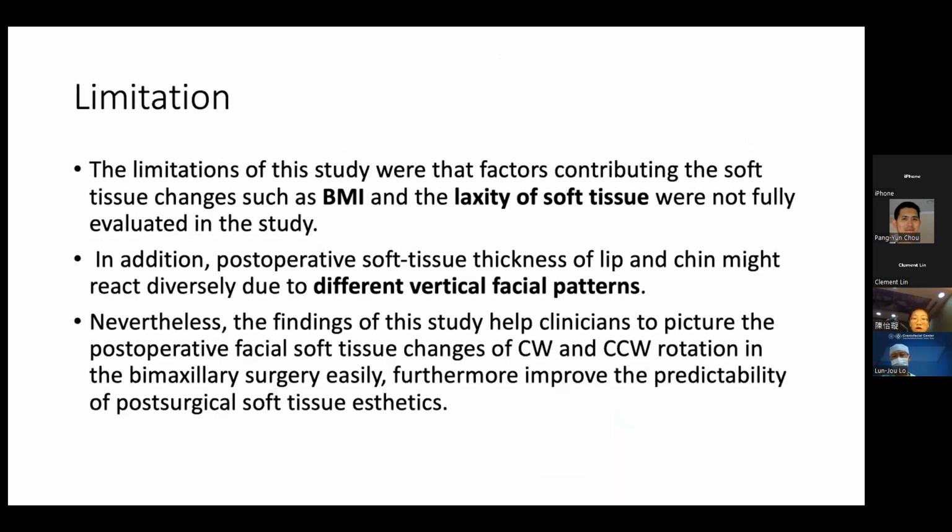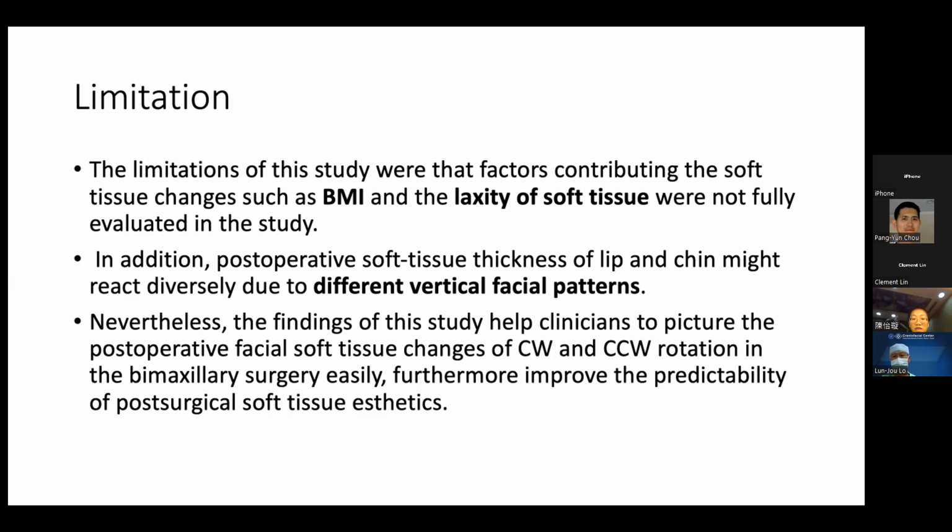The limitation of this study was that factors contributing to soft tissue changes, such as BMI and the laxity of soft tissue, were not fully evaluated. In addition, postoperative soft tissue thickness of the lip and chin might react diversely due to different vertical facial patterns.